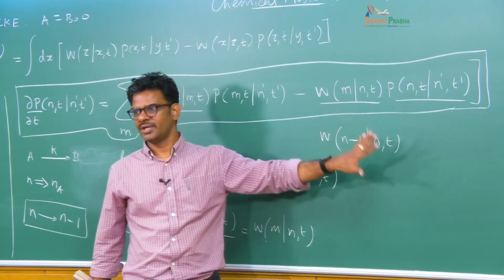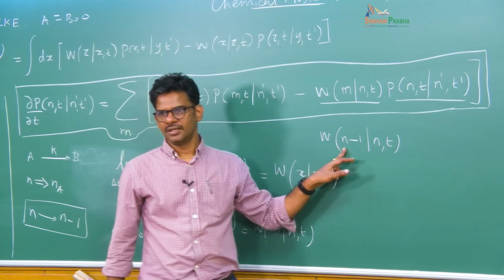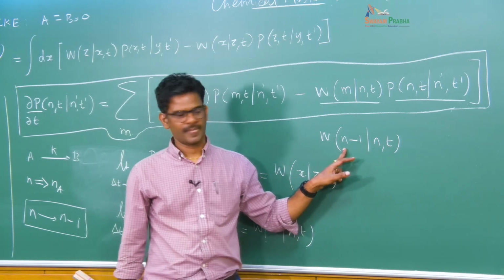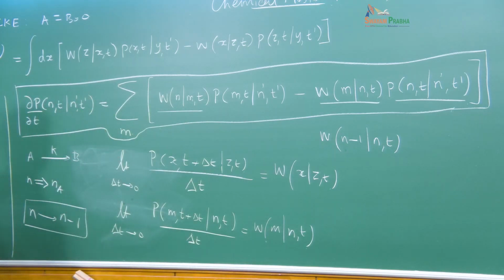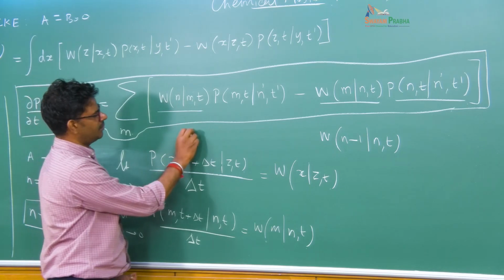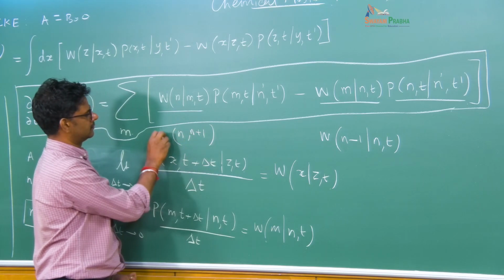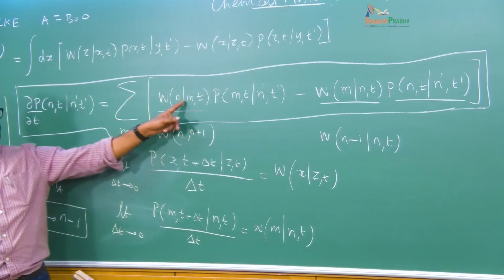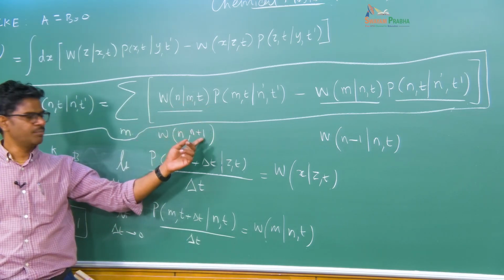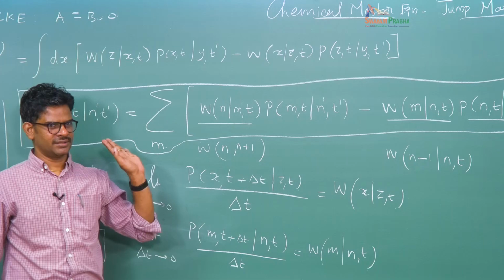The only possible mechanism of reaction is m becoming n minus 1. Similarly here, for this reaction m can only be n plus 1. So in this case the state can be at n plus 1 and that can make a jump to n. Only these are the two options we have got.